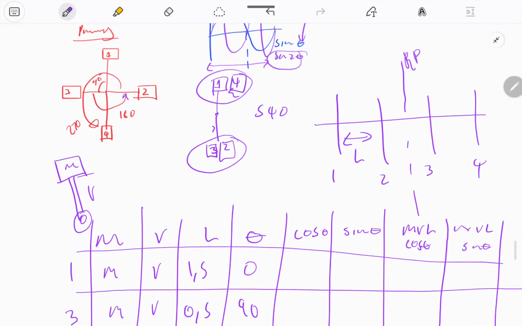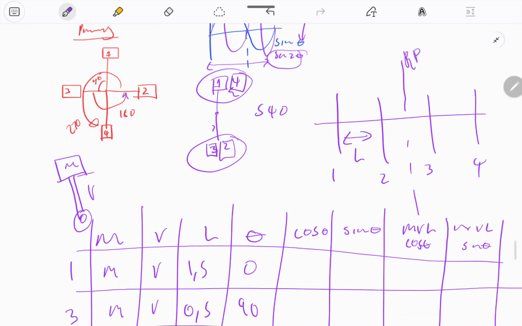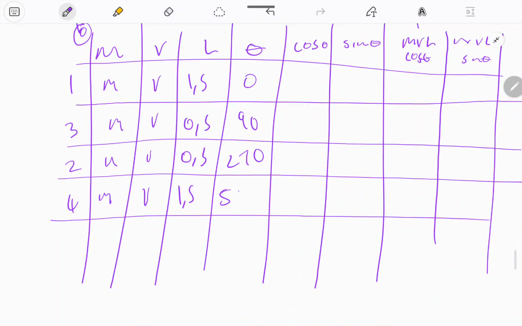And for 4, where is 4? I'm here at 2, right? That means I'm going all the way 180 and then a 90. Remember, arriving here took me 270. Now I'm trying to go again, another 270. That means it will be around 540, right? 540.